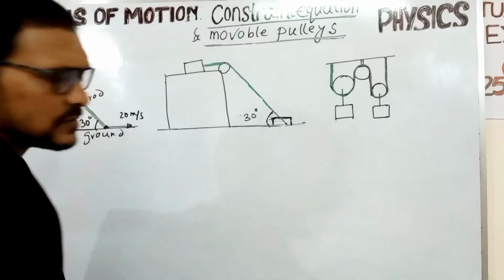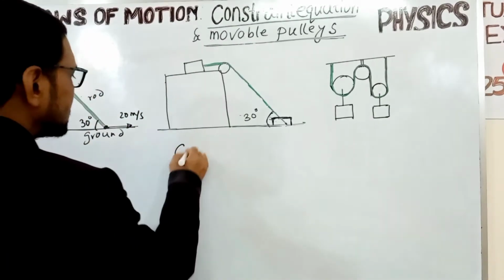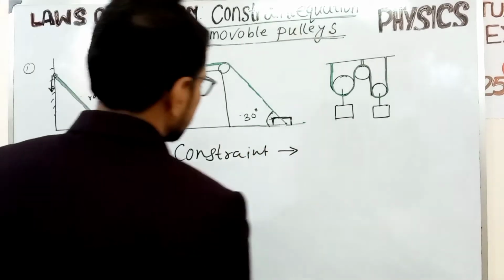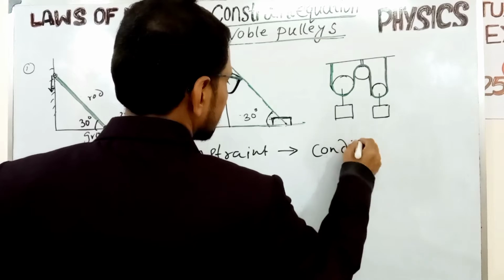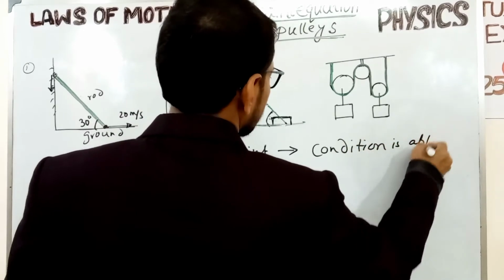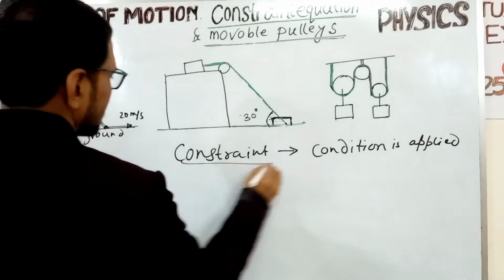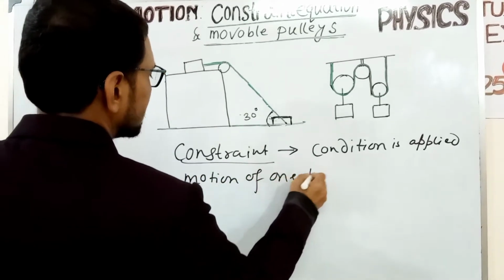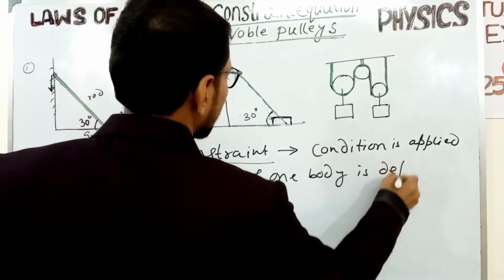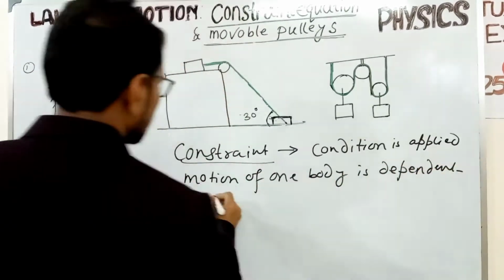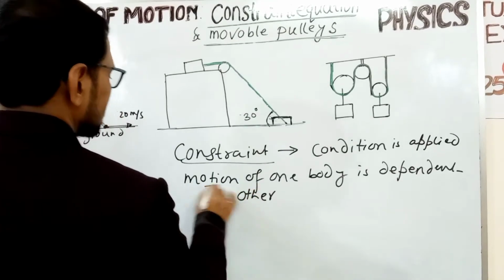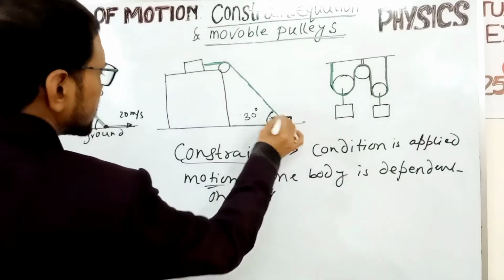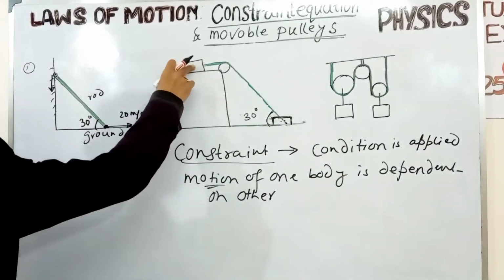So first we should know what a constraint means. A constraint is a condition applied so that the motion of one body is dependent on the other. The motion of this body cannot move freely. The velocity of this body is dependent on the velocity of the other body.